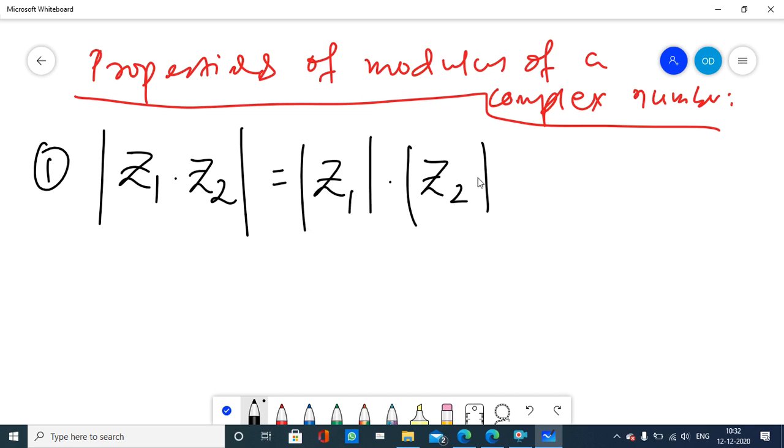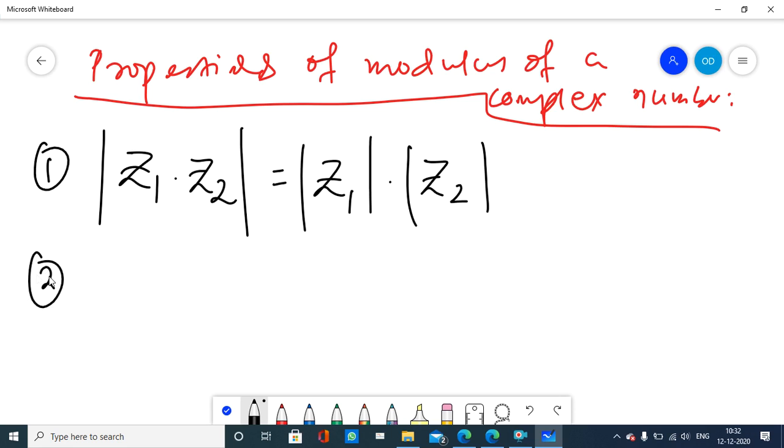And this doesn't apply to only two complex numbers. You take any number of complex numbers, this formula holds. That is, if Z1, Z2, Z3, Z4 etc. are some complex numbers, then you multiply them, then find the modulus. This is the same as multiplying the individual moduli of all the complex numbers. I hope you get my point so far.